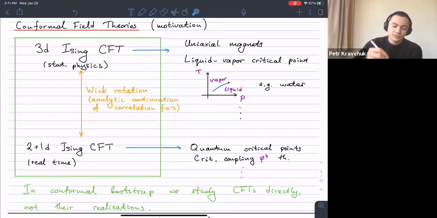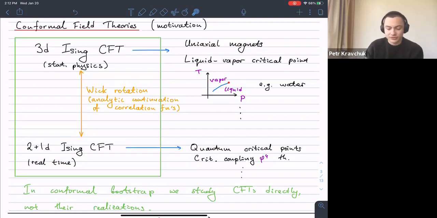And this is a perspective of statistical physics, but for any Euclidean CFT, like 3D Ising, it's always possible to find a Wick rotation to analytically continue correlation functions into a CFT in Lorentzian signature. And so this would be a conformal field theory now in 2+1 dimensions. And it also is related to various systems. In particular, now it describes some dynamics in real time. And it can be related to quantum critical points as well as classical critical points.